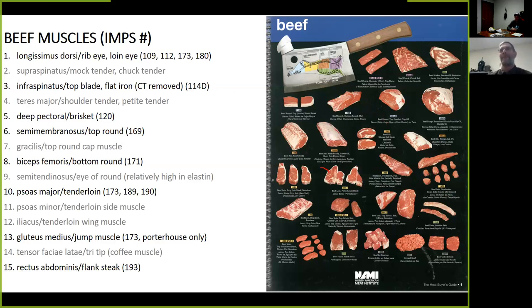Honestly, I'd have to say prime rib. Okay. Where does that come from? We're on the right page. There you go.